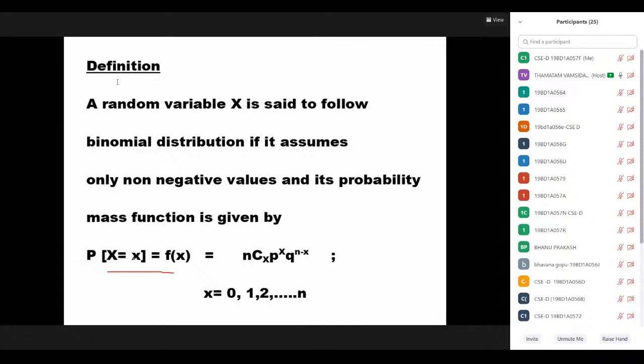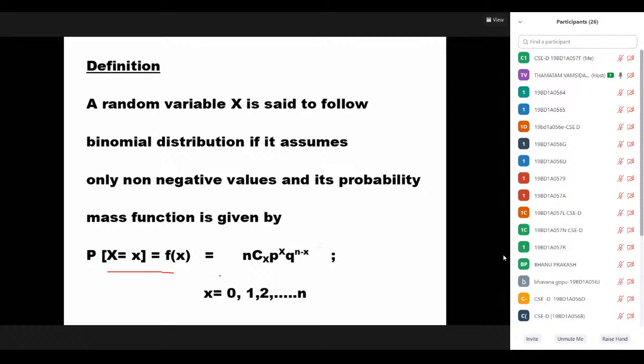Probability of capital X equals small x, that is f of x, equals nCx times p power x times q power n minus x. Here x indicates the number of successes, small p the probability of success, small q the probability of failure, and n the number of trials.